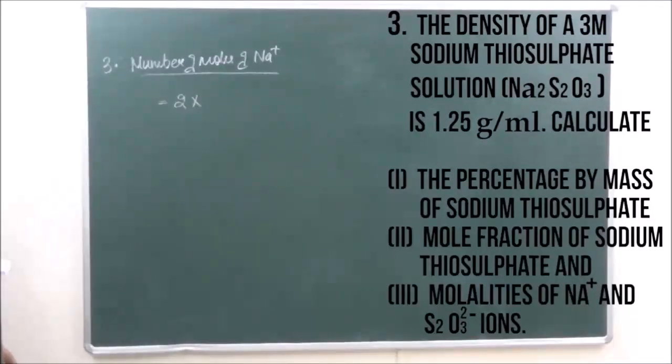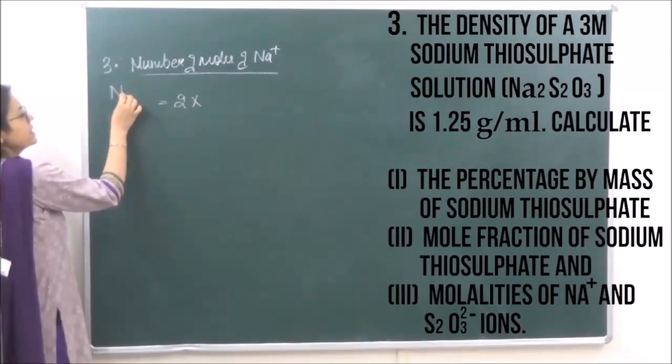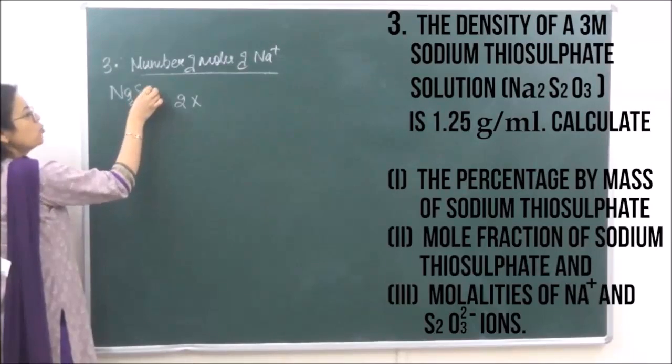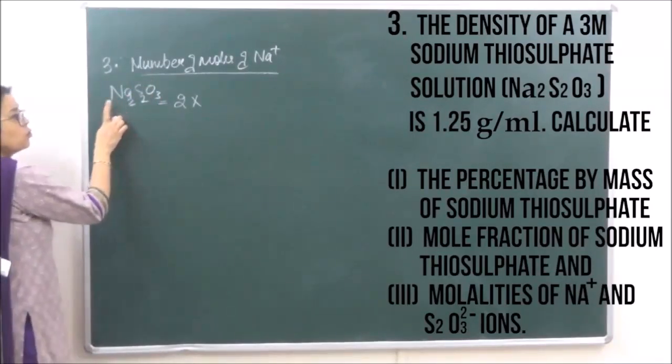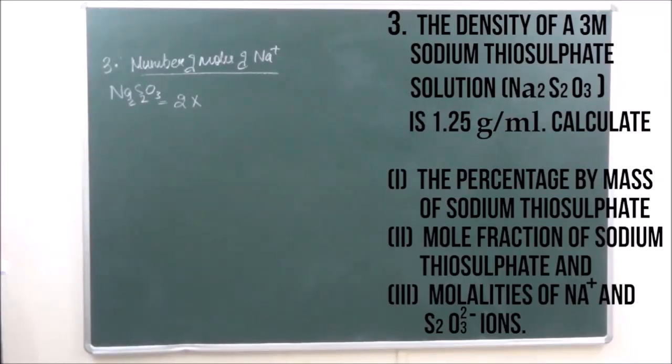2 into, because why are we taking 2? The formula is Na2S2O3, so we have 2 ions of sodium present in it.